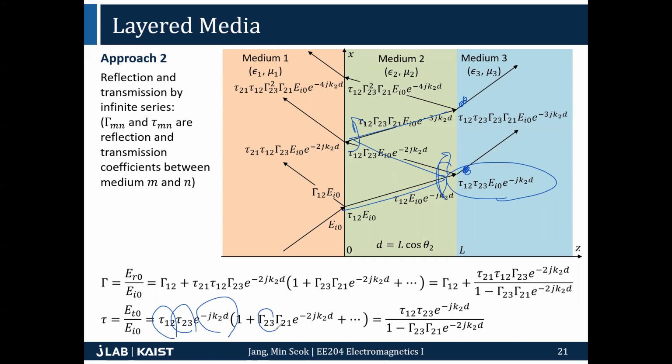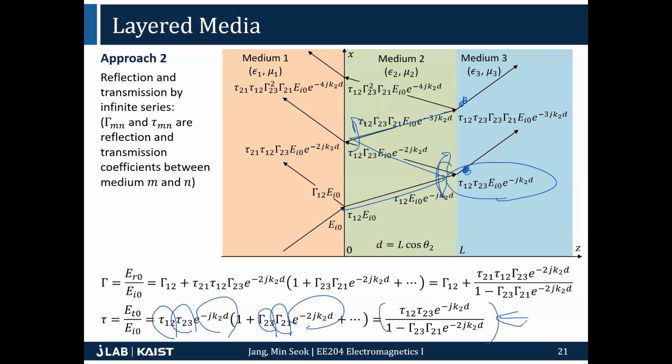So one more reflection 2,3, another reflection 2,1, and two propagation, e to the 2jkd. And this also forms an infinite geometric sequence, and the solution to this is easy. This is how you obtain the reflection and transmission properties for a layered medium.